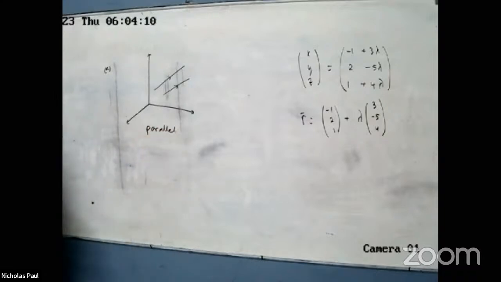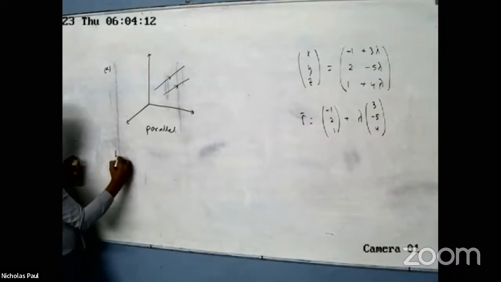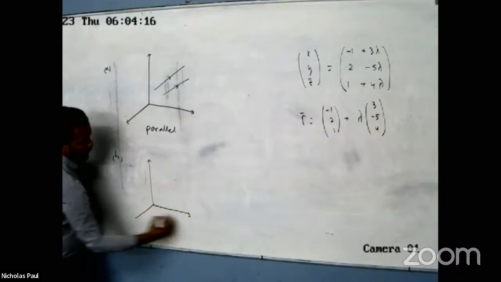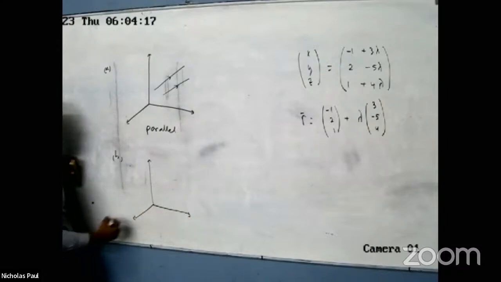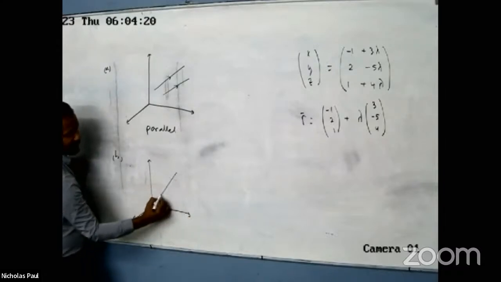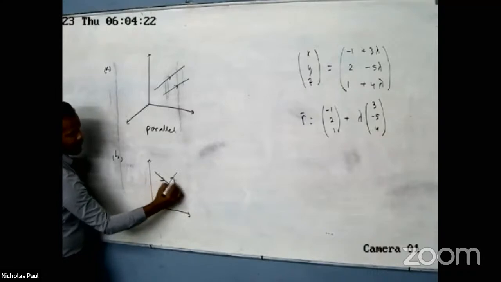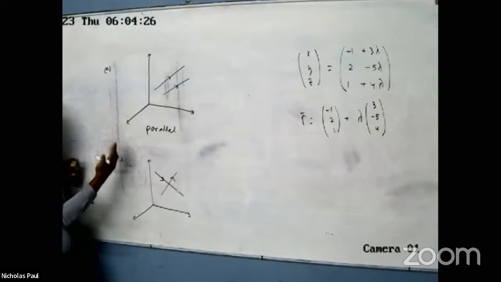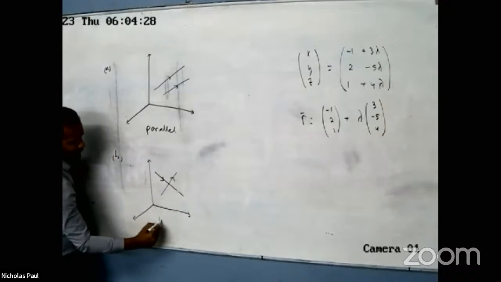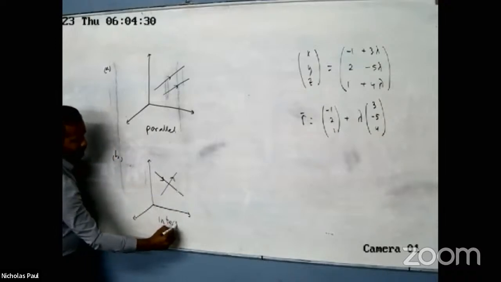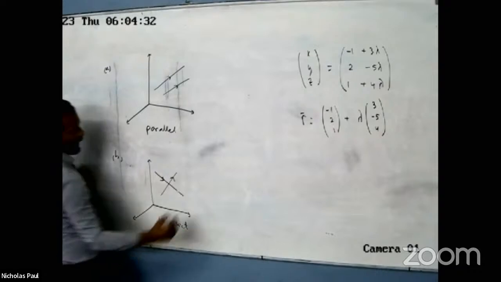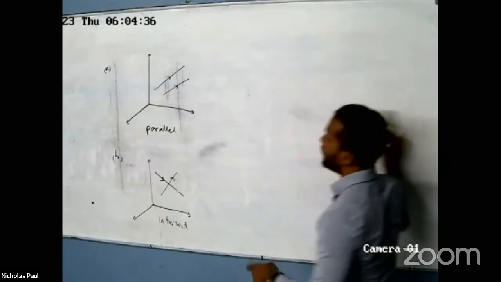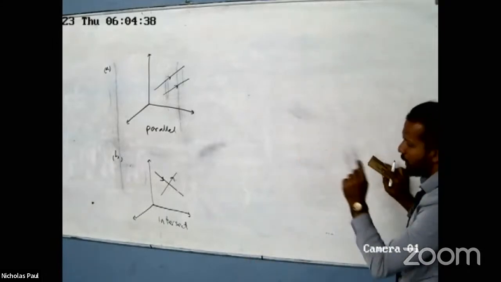The next thing is that we can check and see if the lines intersect. So lines could be parallel, and of course, they won't intersect. Lines could intersect. And the last thing is that these lines could be not parallel and not intersect.